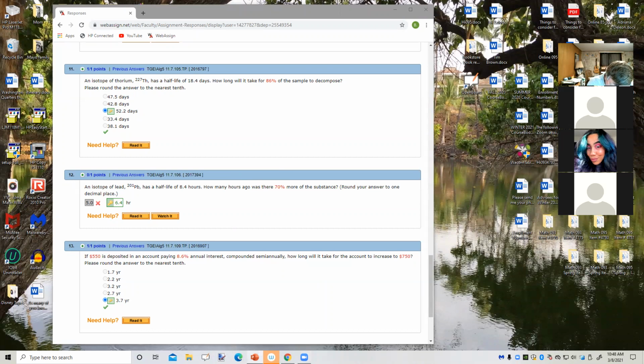Okay, so once again, A equals A sub 0 times 2 to the -t over h power. The half-life, so h, is 18.4 days. How long will it take for 86% of the sample to decompose? So time is the unknown.